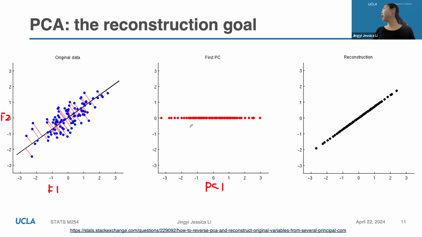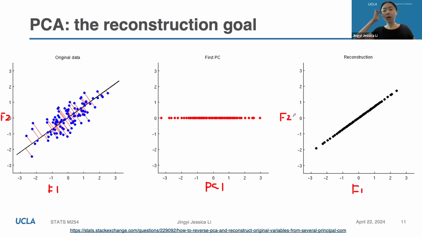So every data point here has a PC1 value, which corresponds to the projections, the red dots. Then for reconstruction, on the right-hand side, we go back to the original space of feature 1 and feature 2.